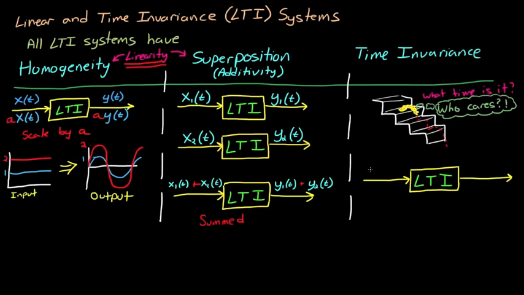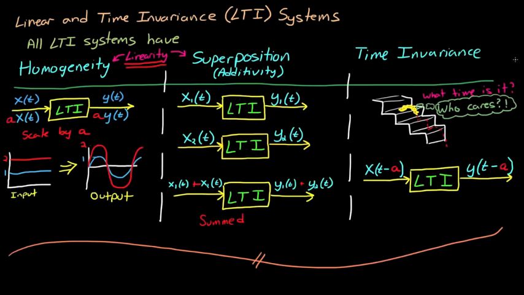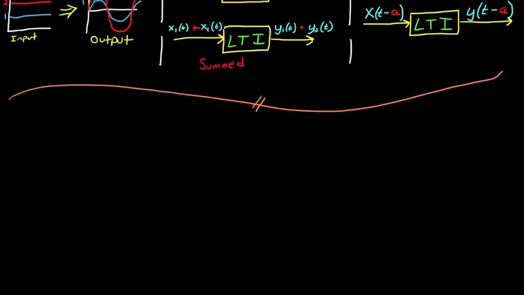Or in other words, two similar inputs translated in time will produce the same output also translated in time. Sometimes time invariance is referred to by a more generic term called translation invariance, which also covers translation in space as well. So these three restrictions are all that needs to be met in order to have an LTI system.